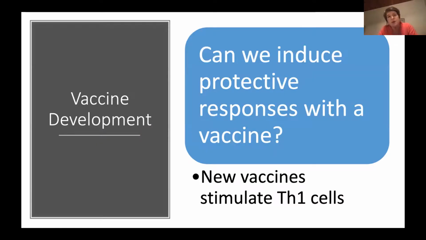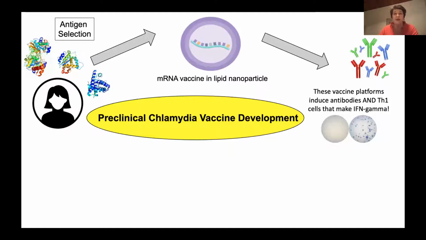So can we induce these protective responses with the vaccines? Well, now we've identified proteins that induce interferon gamma from women who've been exposed. So what platform might we put those proteins in to stimulate Th1 cells with a vaccine? Well, we've heard a lot about the COVID vaccine, and when it was developed, it was developed to induce antibodies.